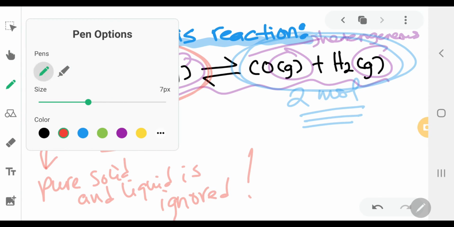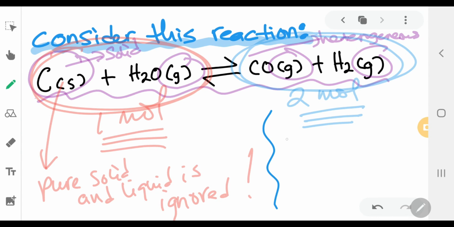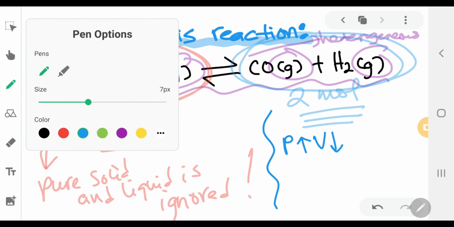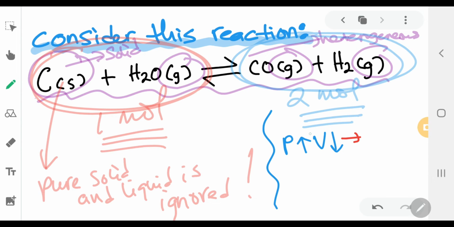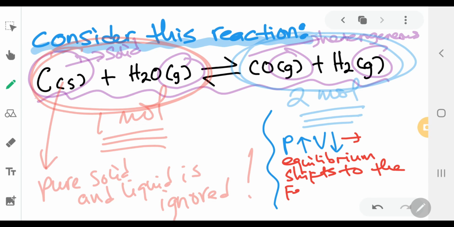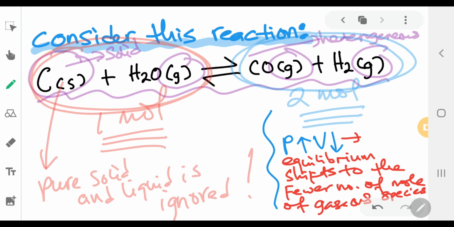When you increase the pressure or reduce the volume, the equilibrium shifts to the fewer number of moles of gaseous species. Okay, so it's the same as what we have talked about at the beginning.